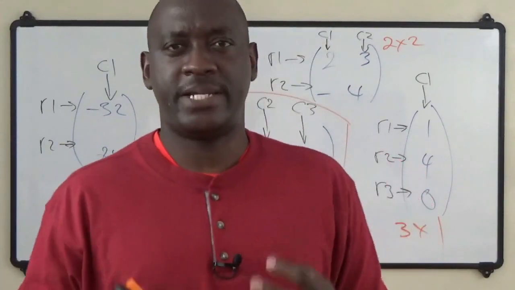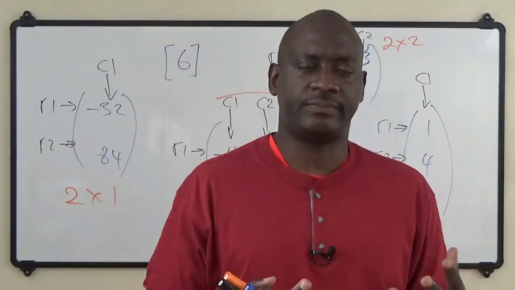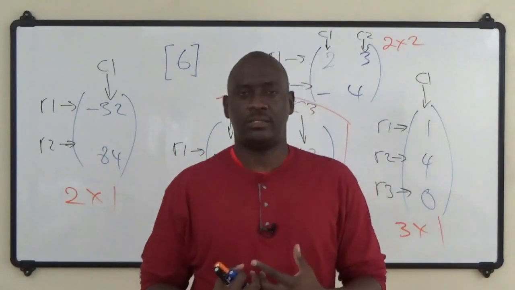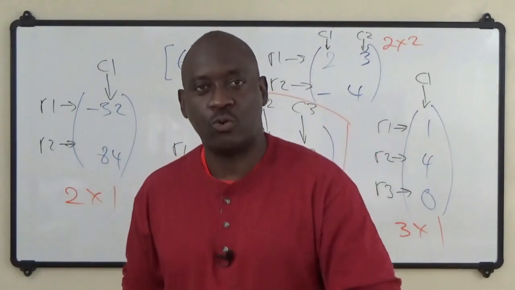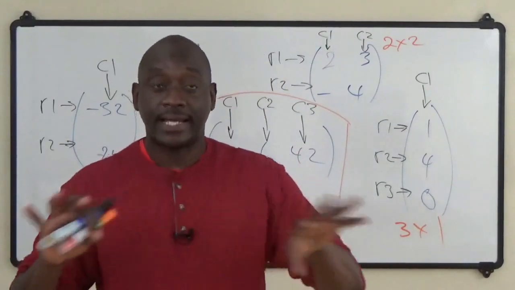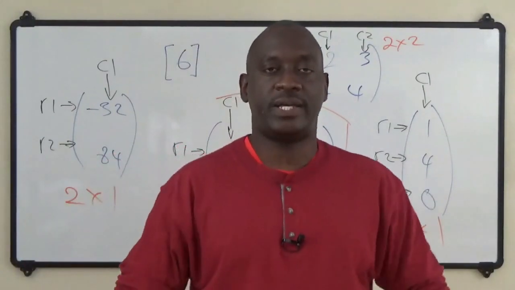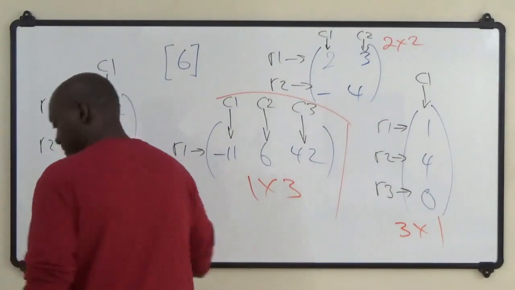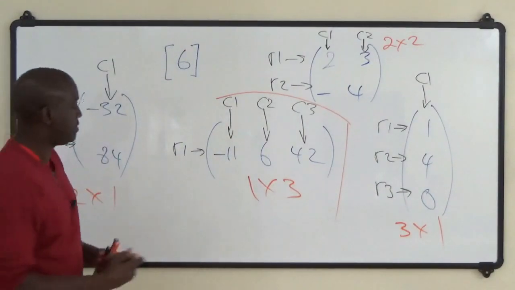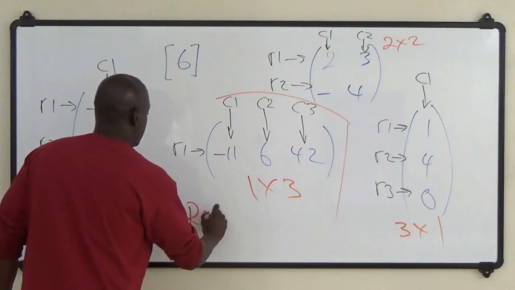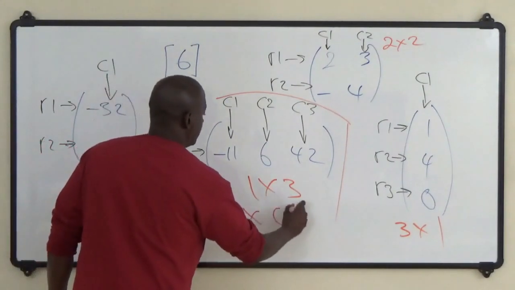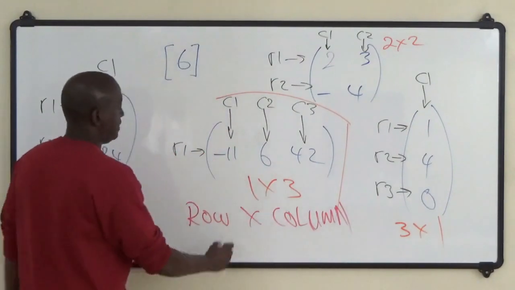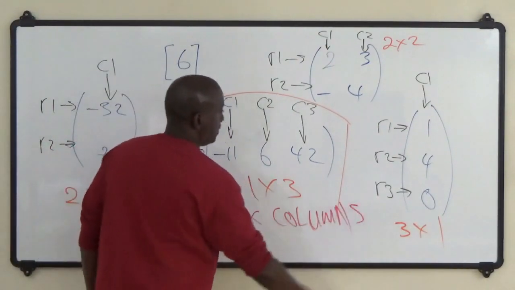Whenever you're describing a matrix in terms of the rank, the order, the dimension, the sequence is always rows by columns. That is a standard convention that we adopt when we're talking about matrices. So the convention is always the number of rows multiplied by the number of columns. Rows by columns.